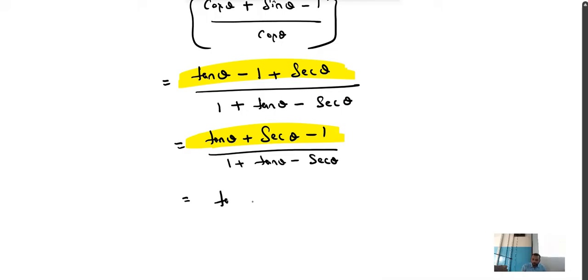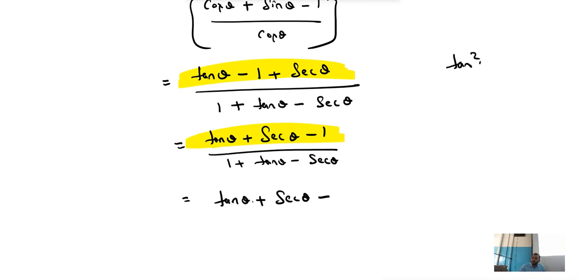Observe here now. Tan theta plus secant theta minus... Which trigonometric identity is there between tan and secant? We know that tan square theta plus 1 is equal to secant square theta.